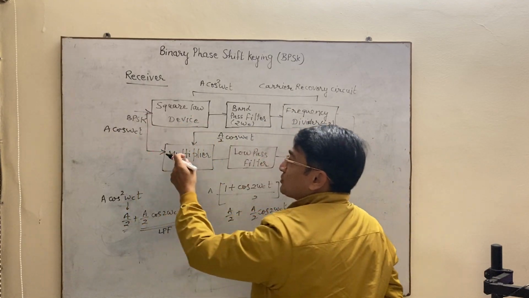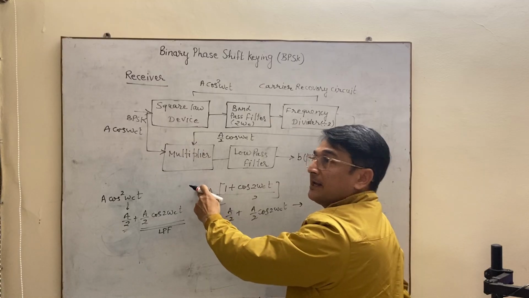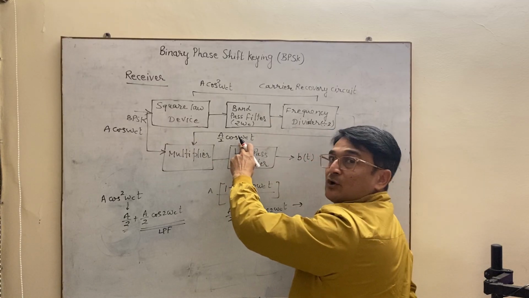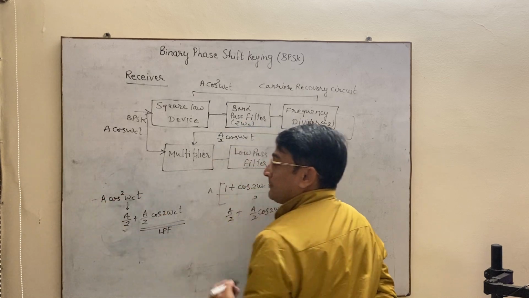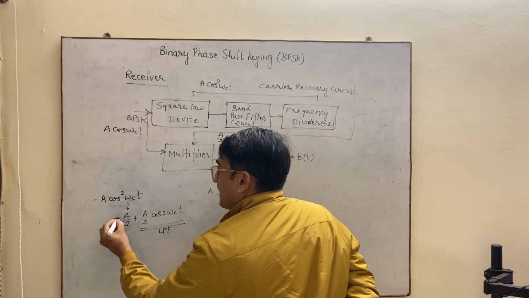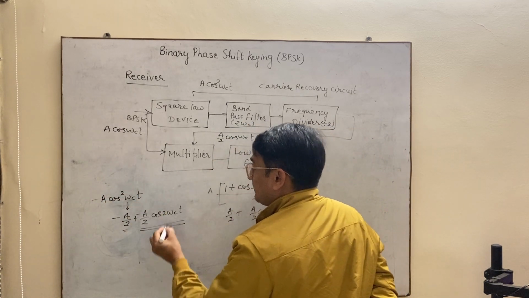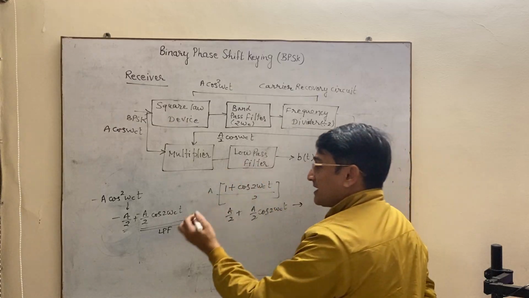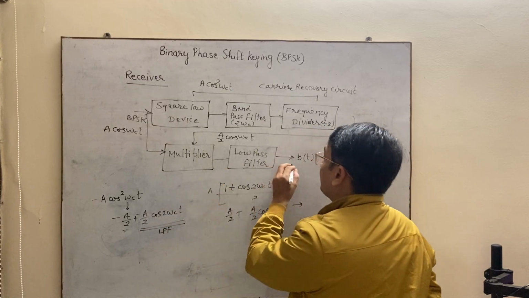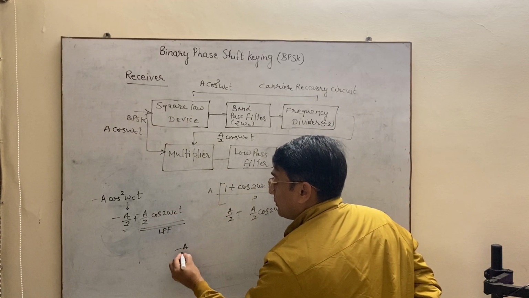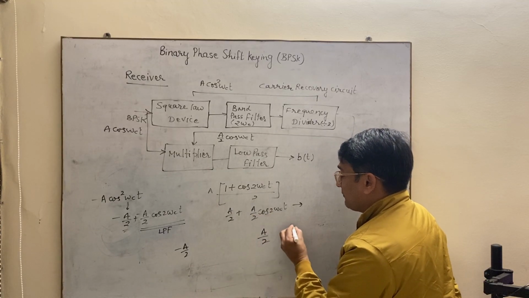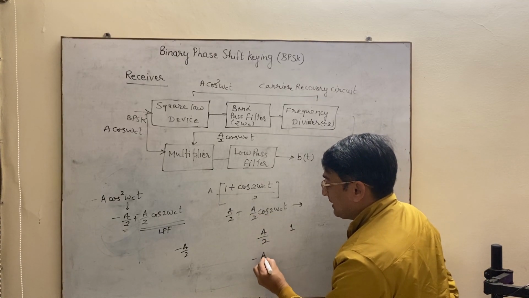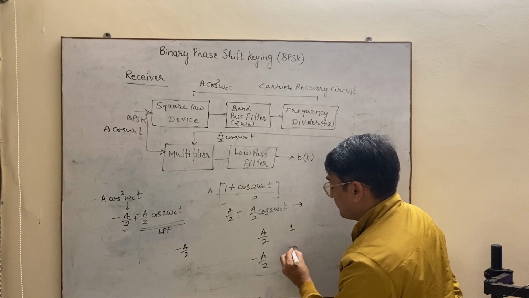Then this minus A cos omega ct is given to the multiplier and multiplied with cos omega ct. So it will be minus A cos square omega ct, which gives minus A by 2 plus the 2 omega c component. Again, when it is passed through the low pass filter, this component will be removed and you will get minus A by 2. So when you get plus A by 2, bit 1 is received, and when you get minus A by 2, bit 0 is received.